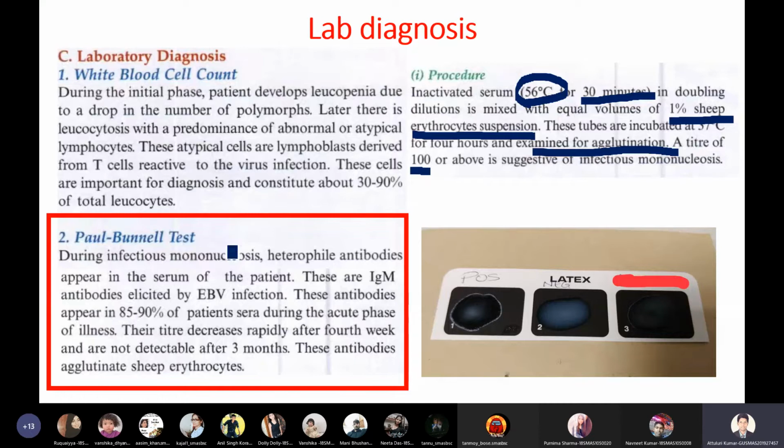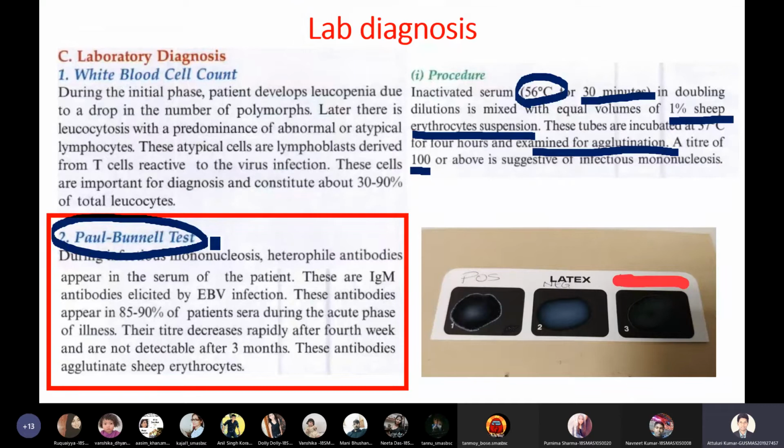So infectious mononucleosis can be detected by a specific serological test called the Paul-Bunnell test, where we heat inactivate the patient serum and subject it to sheep red blood cells. Detection of agglutination of sheep red blood cells at a titer above 100 indicates a possible infectious mononucleosis condition in the patient.